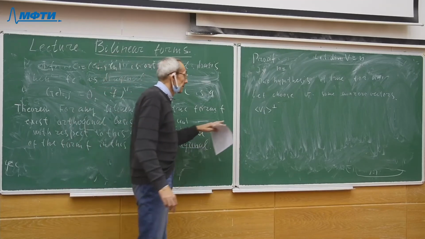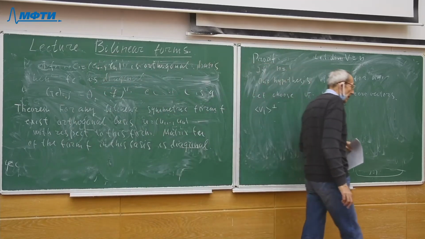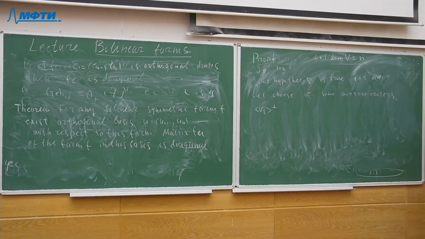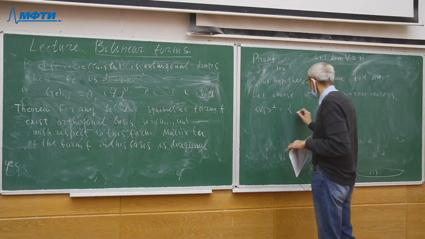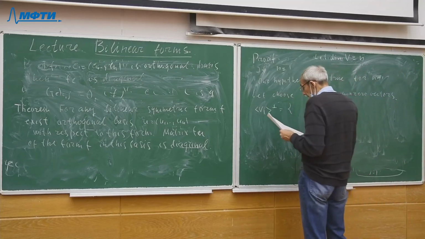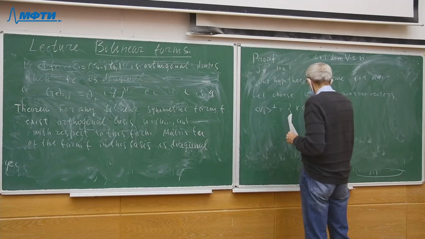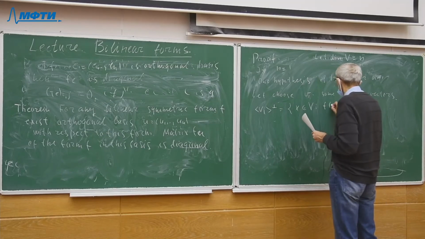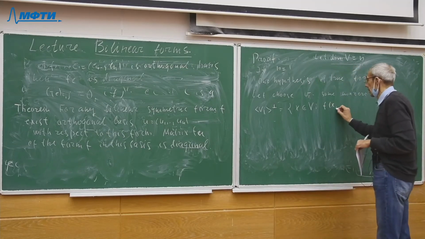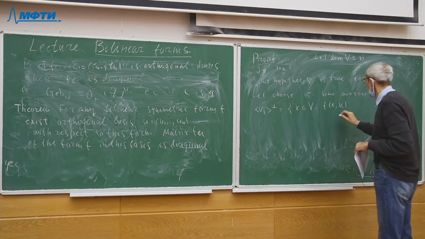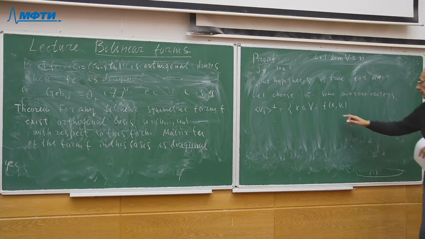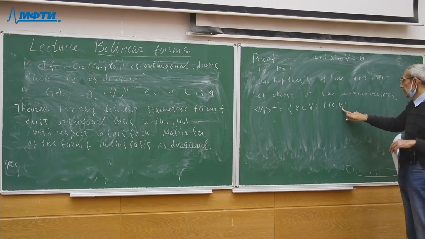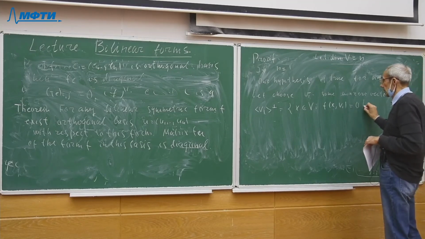It is the analog of the orthogonal completion in the case of the scalar product. Namely, we consider all vectors x of the vector space V such that the value of our symmetric bilinear form on the pair of vectors x and v1 is equal to 0.